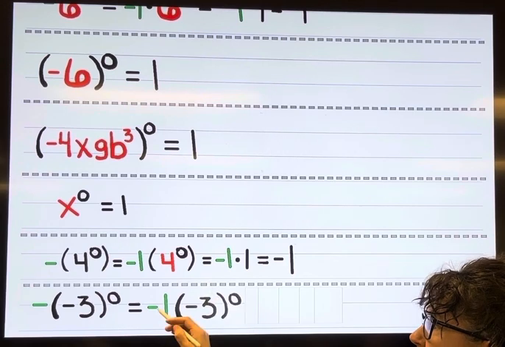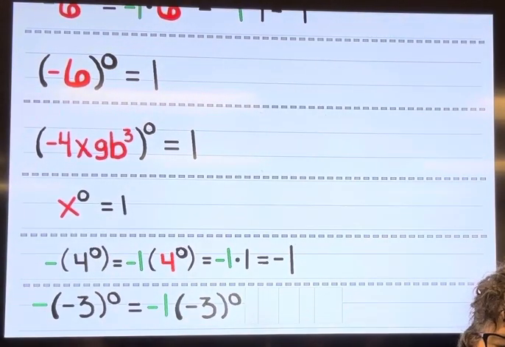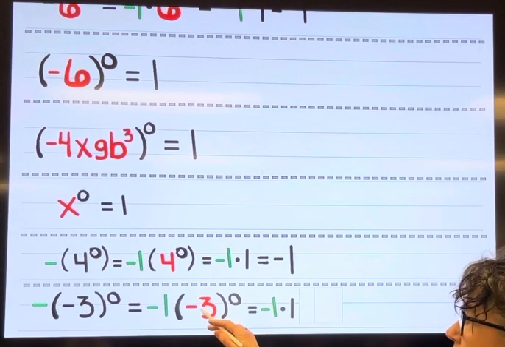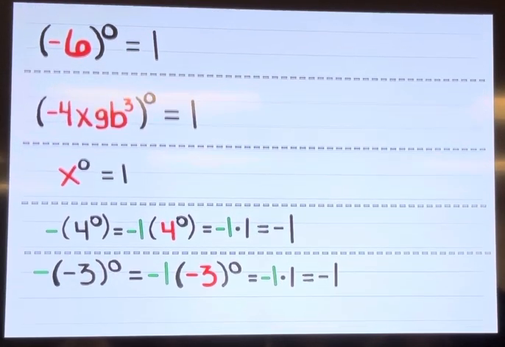Performing the exponents before the multiplication, the number -3 is to the 0 power. So I still have that -1 out front, and then the answer to -3 to the 0 is 1, and -1 multiplied by 1 is -1.